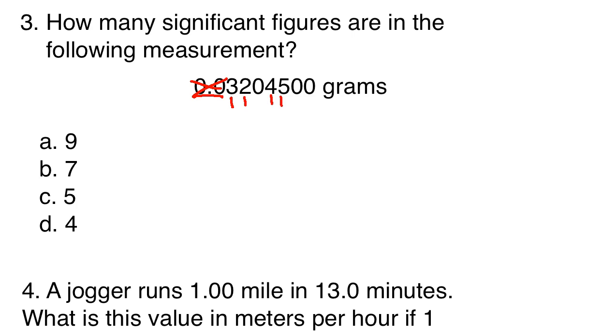This 0 in the middle here is between two non-zero digits, so that also counts. And then trailing zeros will count if there's a decimal point, and in this question there is a decimal point associated with this measurement. So you tally those up, you've got 1, 2, 3, 4, 5, 6, 7. So 7 significant figures. Answer B would be the correct one.